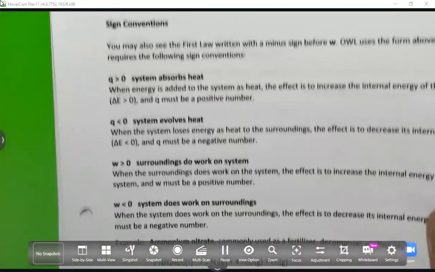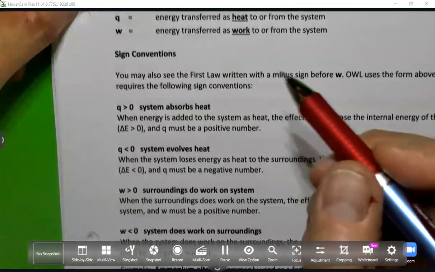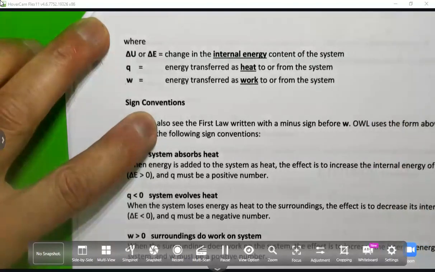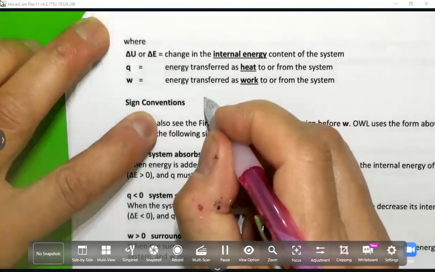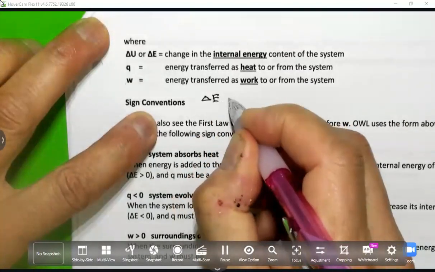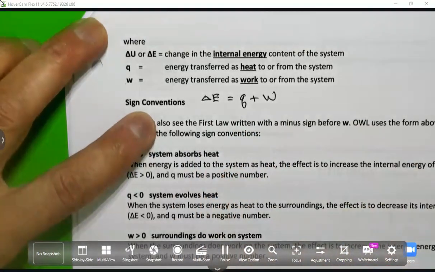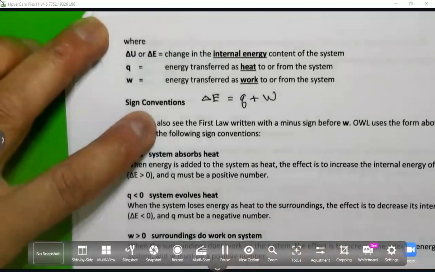So this is what Al does starting out. Again, my energy, or my change in energy, is equal to Q, the amount of heat, plus the work that gets done.